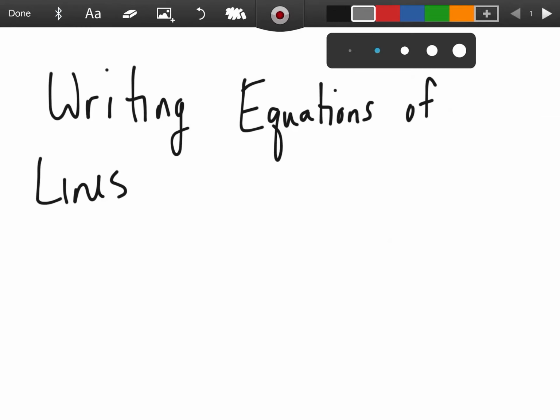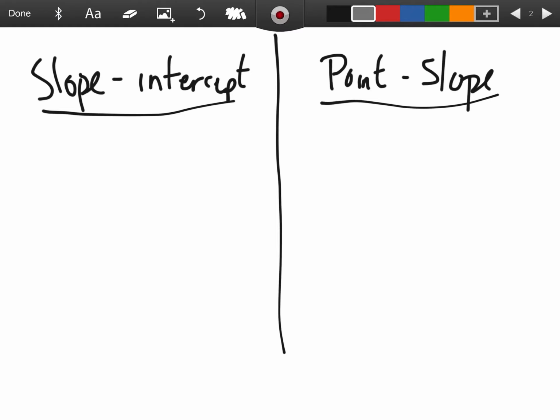Okay, in this video we are going to examine how to write the equation of a line on the coordinate plane. So really when we're writing equations of lines on the coordinate plane, we have two main forms. And the first one is slope-intercept. This is probably the one that you are the most familiar with, and that is just y equals mx plus b.